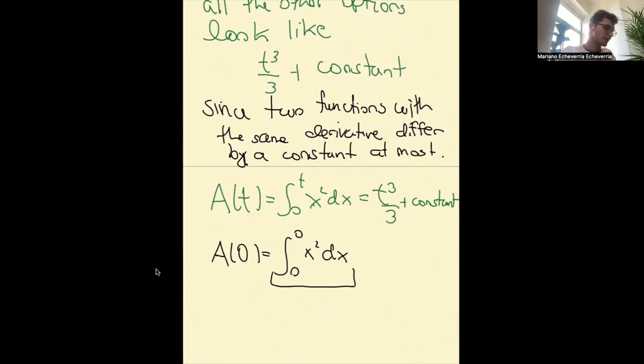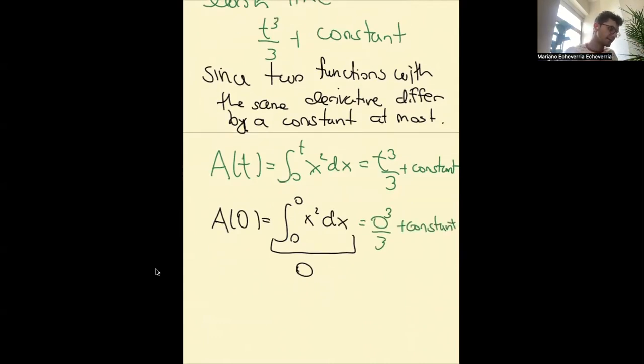Yeah, good. It should be 0, because you have no chance to draw any area. You get a line, or basically nothing. It has no area. But if you look at this formula, it should also be 0 cubed over 3 plus the constant.